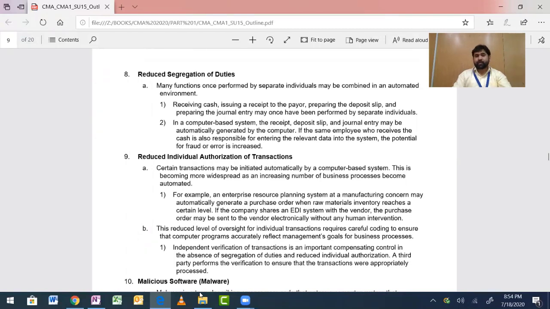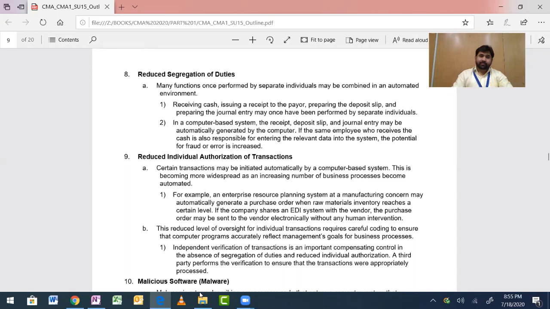Fine, if we are following computer based, actually what happens is that you just need to receive the cash, and you write that I have received so much cash, and then the rest of the things the computer will do. So the internal control that we wanted, and because of which we were advocating the idea of segregation of duties, has reduced with a computer based system, because the moment you do an entry that I have received this much cash, everything else is done by the computer itself.